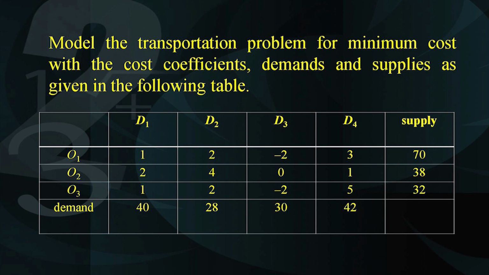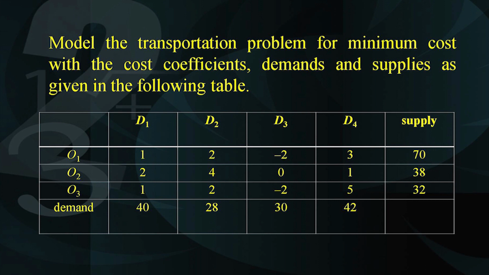Now, the transportation problem says that we need to determine how many units of the commodity should be transported from the ith origin to the jth destination in such a way that the overall cost is minimum.